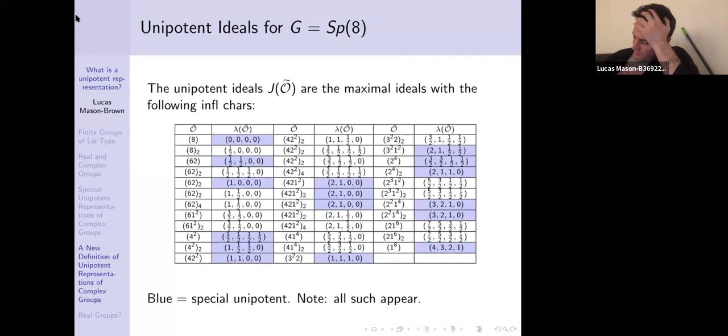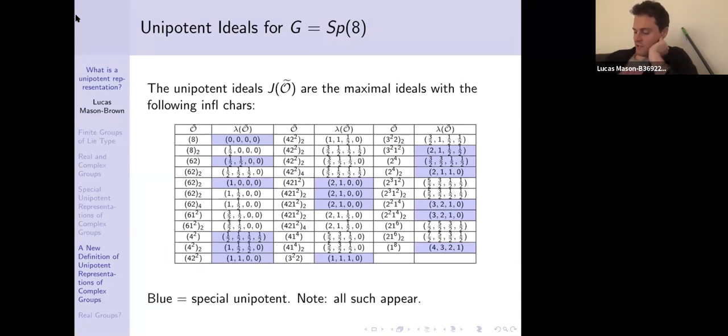So here's some data. This is a list of all of the infinitesimal characters of unipotent ideals attached to orbits and covers for SP8. So again, you can see attached to the principal orbit. By the way, I've indicated orbits using certain partitions of 8.